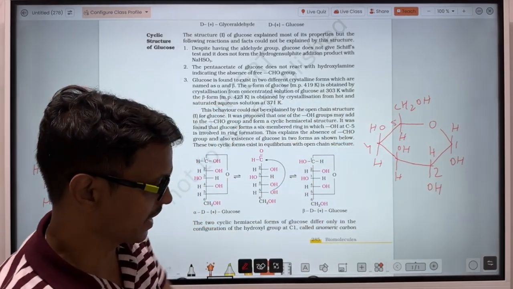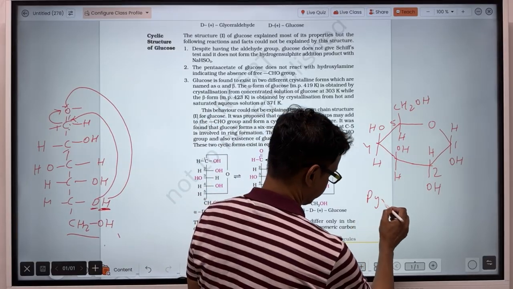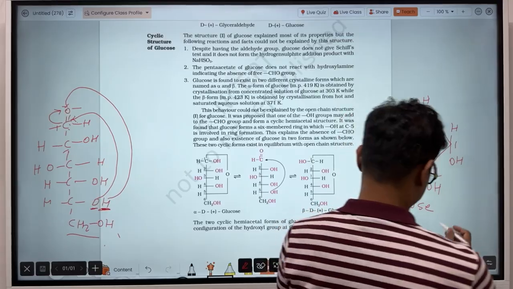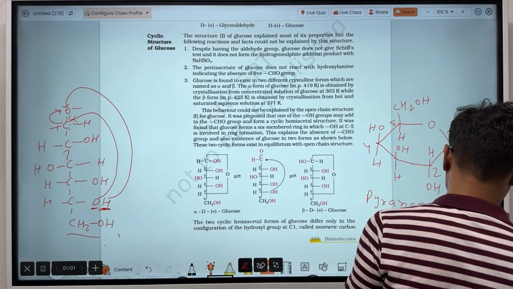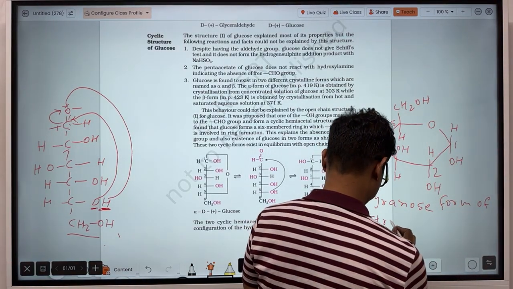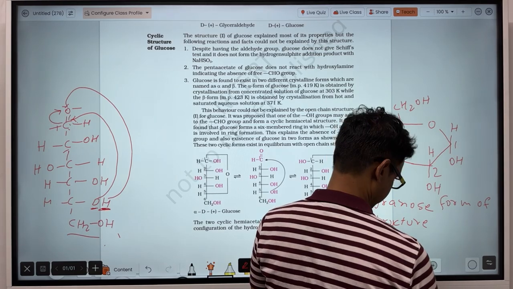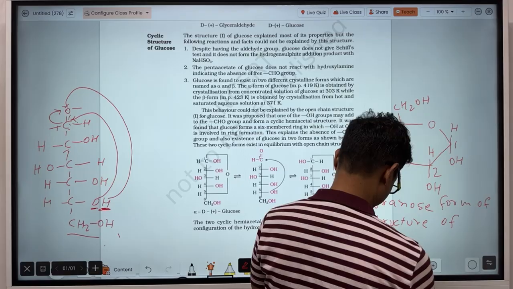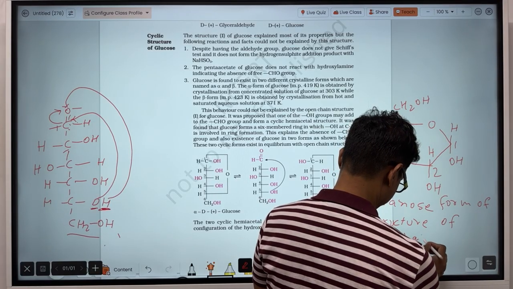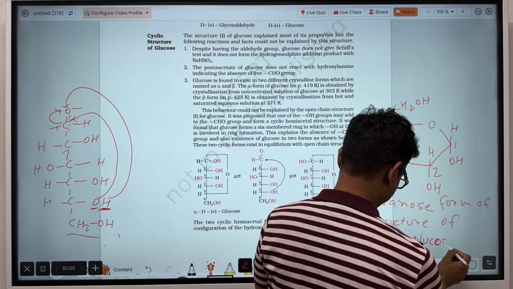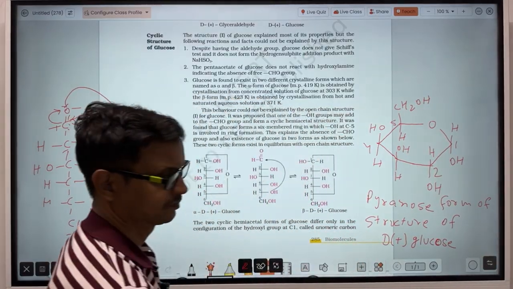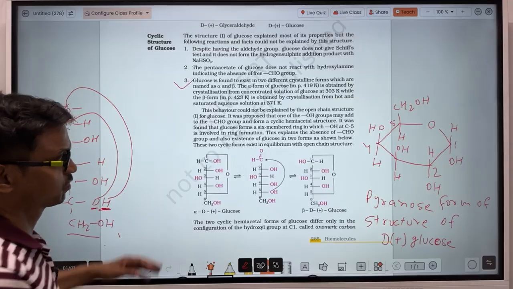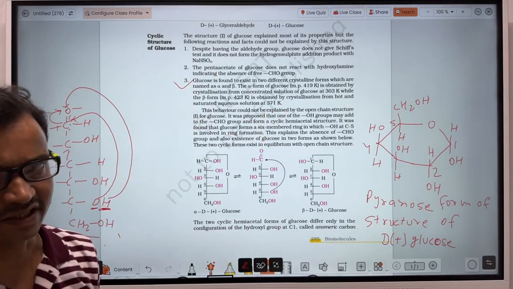So when we draw the pyranose form of structure of glucose, there is, in this statement, glucose is of two types, that is alpha and beta.